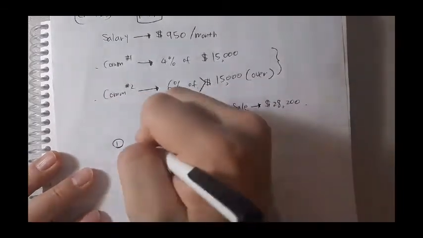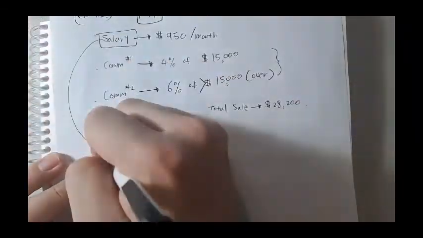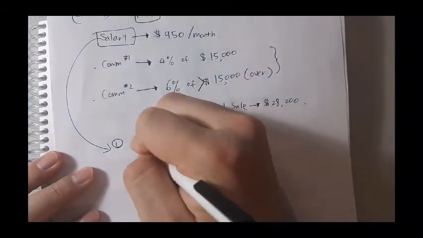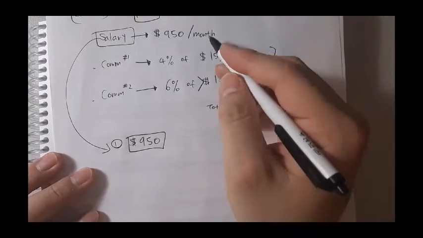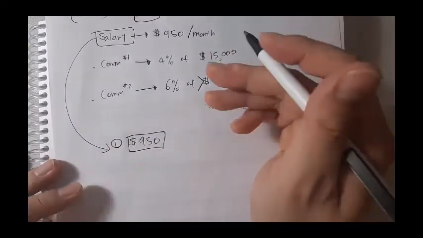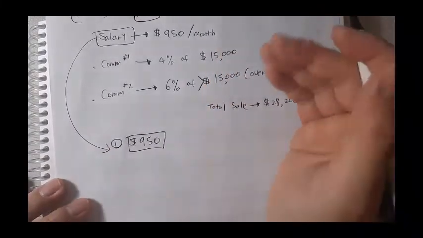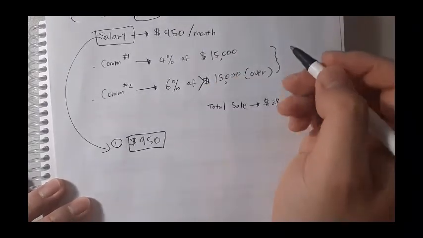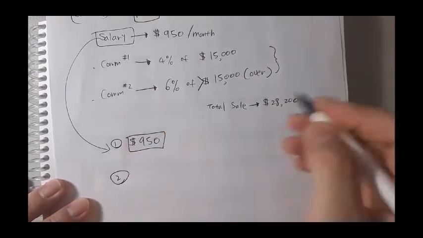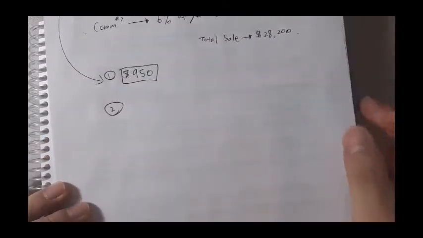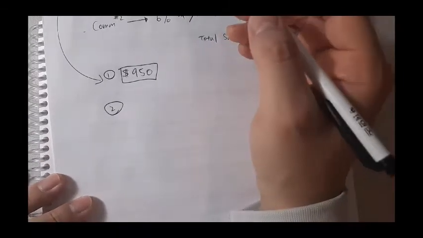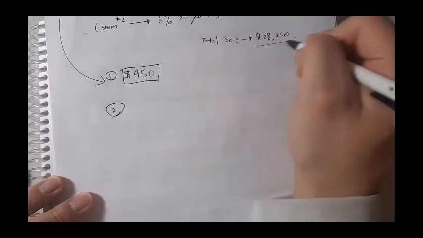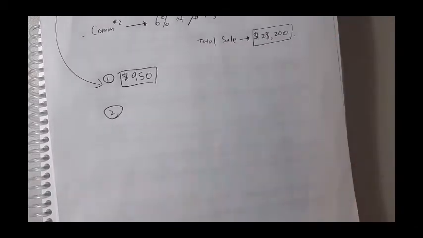First thing first, our basic salary, in this case, is $950 since it's per month. And the question is asking about how much is the gross income for that certain month. So 950 is number one. Number two, for the other commission, I have 15,000 in sales. In fact, she has way more than 15,000.